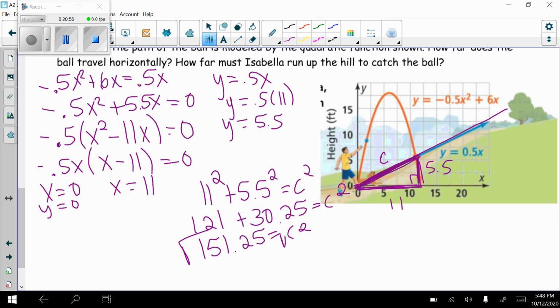Take the square root of both sides. I don't have to take positive and negative here because I'm looking for a distance, and I know I cannot have a negative distance, so I'm only interested in the positive. The square root of 151.25 is approximately 12.3. So she has to run approximately 12.3 feet uphill.